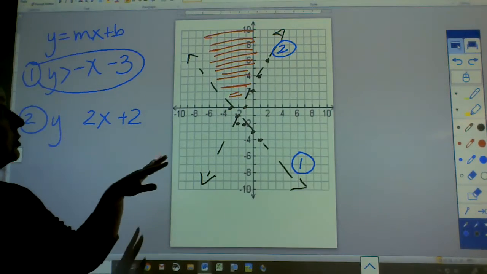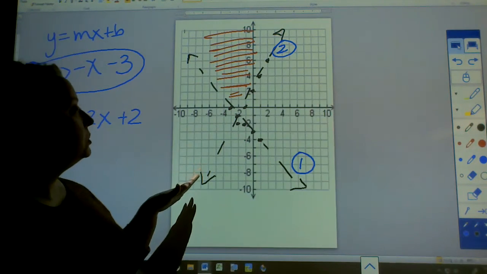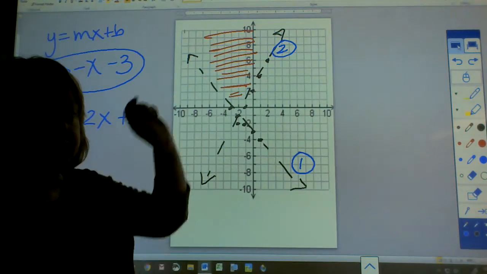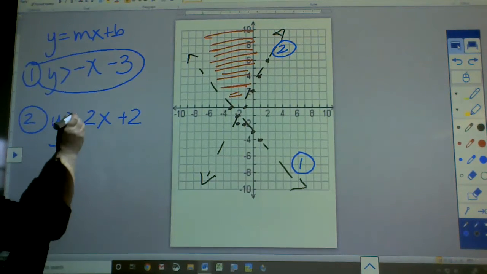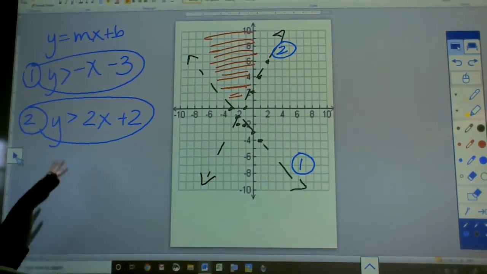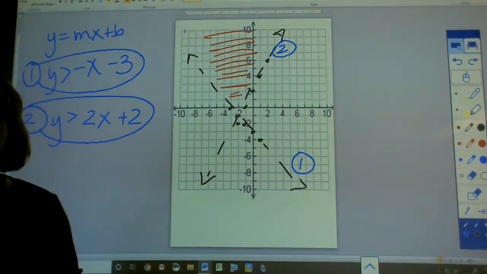And then I have to look, okay, is it equal to or not equal to? It's dotted, so it's not equal to. And then I shade it above the line. So it's going to be greater than, and that will be the picture, the 2 inequalities that give you this system.